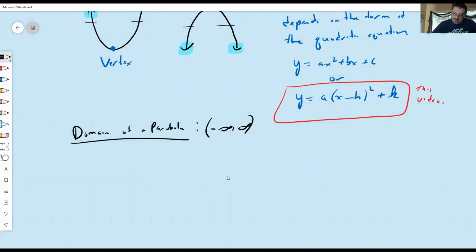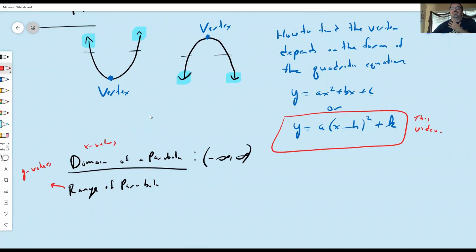The range is slightly different. Again, just a quick reminder: domain, x values, and range is y values.